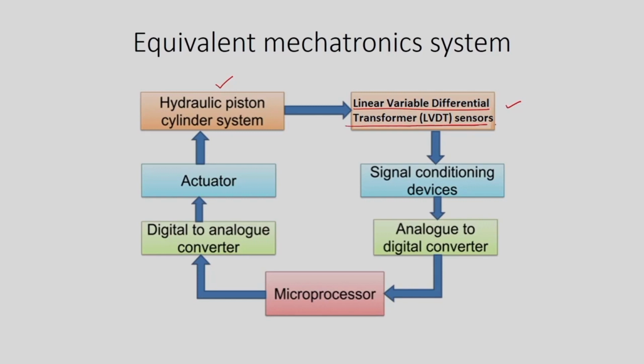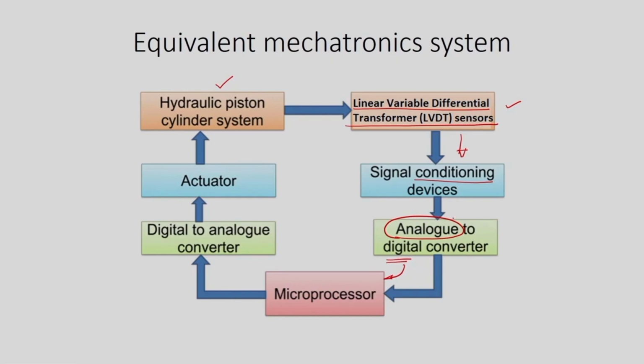It is a contact based displacement sensor. The sensors produce signals, those signals are conditioned and the analog form is converted into digital form, and those digital signals are given to the microprocessor. As you know, the microprocessor understands the digital form of the signal.